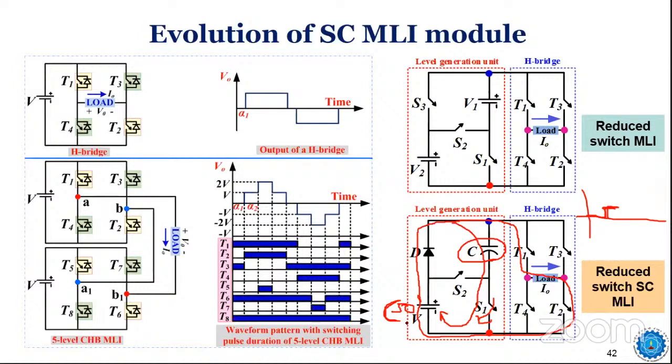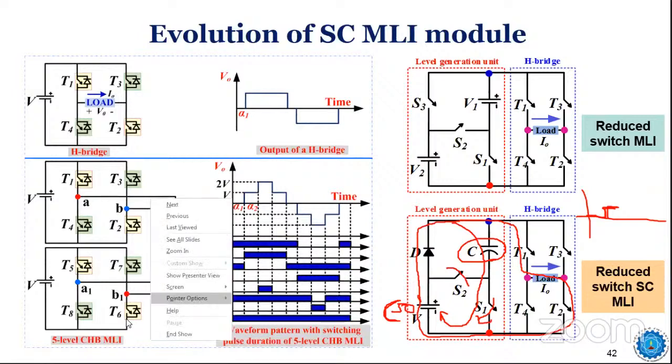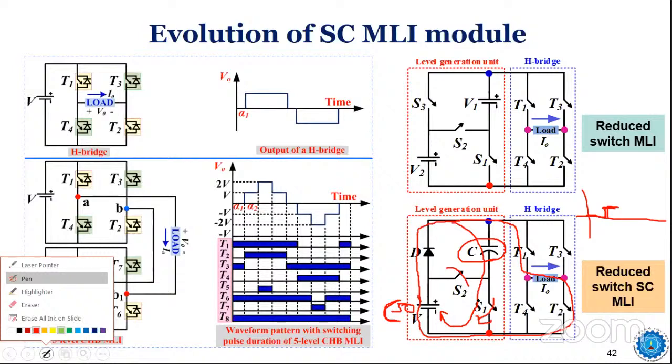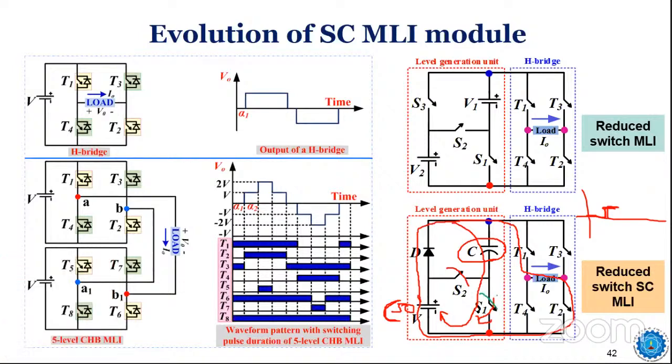Because of that, the capacitor C is now charged to the input 50 volt, right? So what has happened? Then in the next step, I will turn off S1, and I will turn on S2.